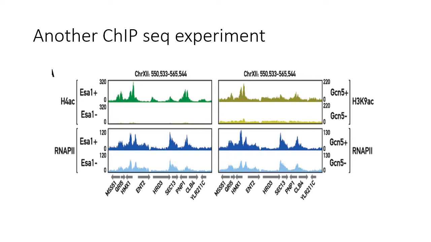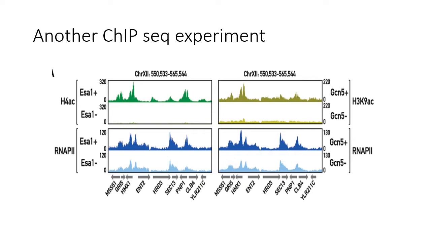In one experiment, we're going to look at the effects of mutation of an acetylase called ISA1 on acetylation of histone H4 in its vicinity, and also its effects of that same mutation on RNA polymerase II occupancy of those genomic regions.